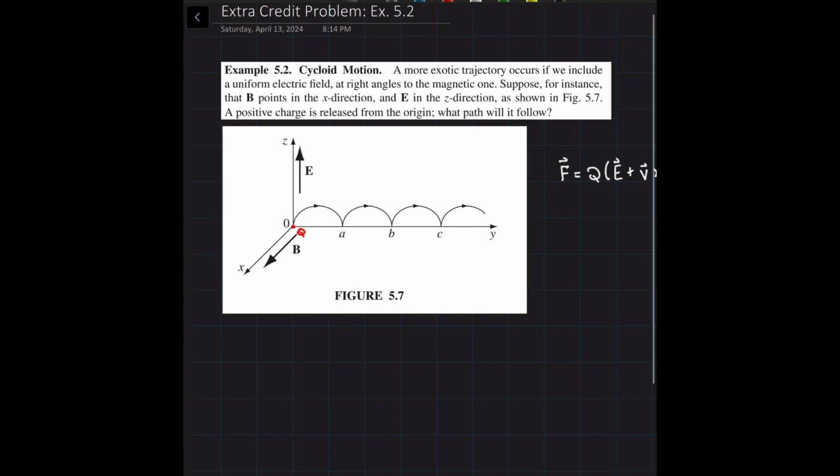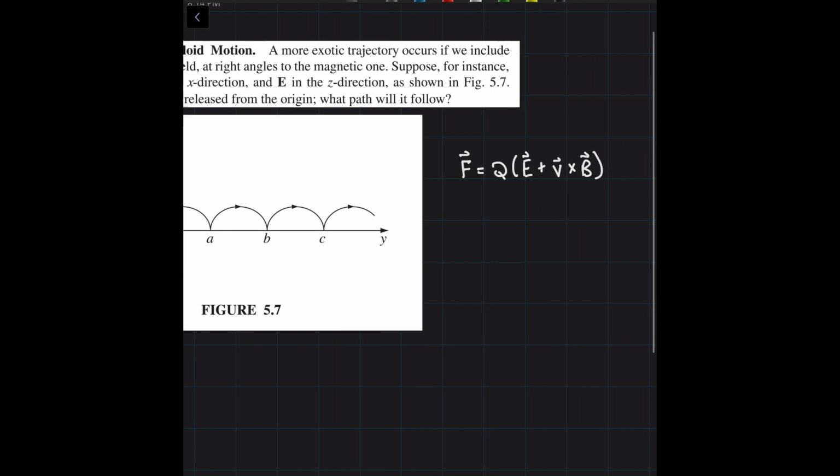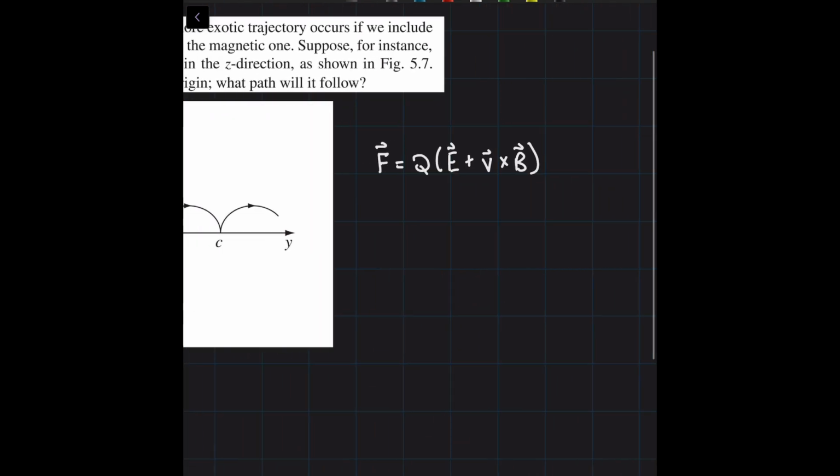Now at t equals 0, right at the beginning, this charge is not moving, so the velocity is 0, so the only force it feels is due to the electric field, which is pointing in the z direction. So at t equals 0, F equals QE z hat.